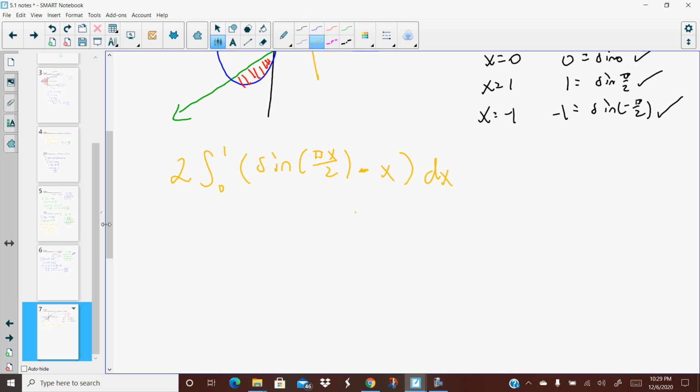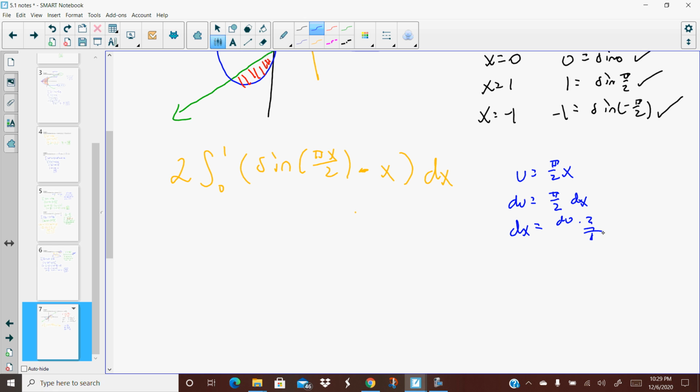In order for us to do the sine of pi x over 2 part, we're going to have to do a u substitution. So u there would be pi halves x, which makes du pi halves times dx, which makes the dx part du over pi halves, or du times 2 over pi.